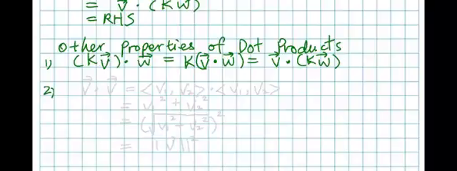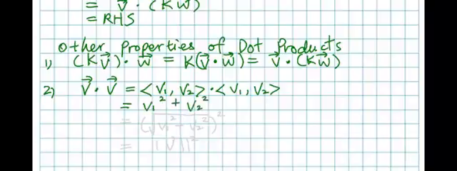Number 2, vector v dot itself equals ⟨v1, v2⟩ · ⟨v1, v2⟩. By definition of dot product, we get v1 squared plus v2 squared, which is the same as the square of the square root of v1 squared plus v2 squared. That's the same as the magnitude of vector v, all squared.